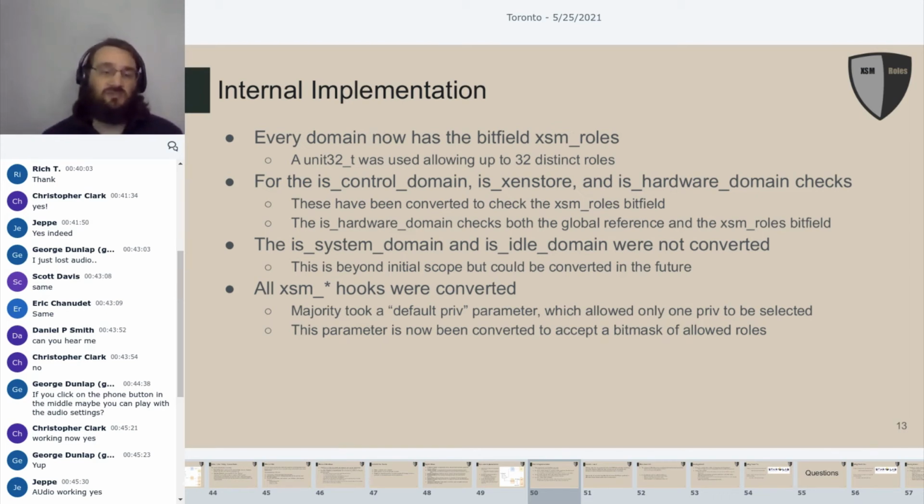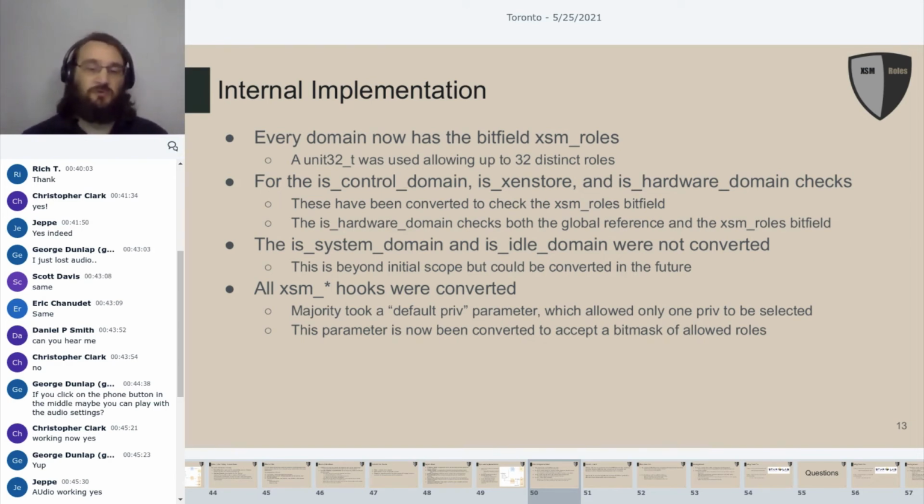We went into the is_control_domain, is_xenstore and is_hardware_domain checks, and we converted them to leverage the XSM roles bit field to make those decisions. So when you're assigned the role, or set of roles, that is effectively the control domain, that check has now been converted to inspect that.